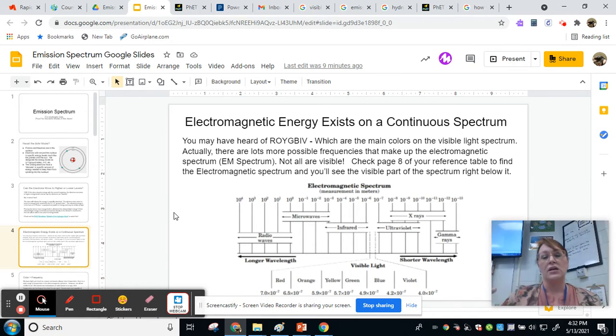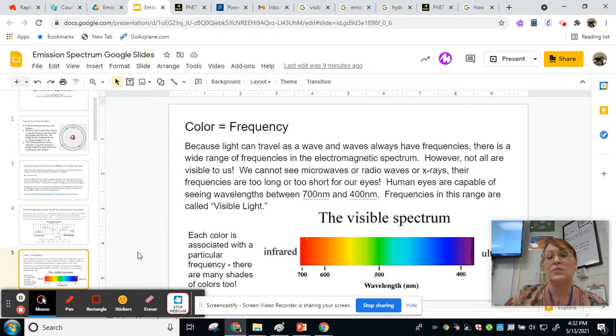So the color we see is linked to specific wavelengths of light. Color is linked to wavelength and frequency. Because light can travel as a wave and waves always have frequency, there's a wide range of frequencies in the whole spectrum, but we can't see them all. We can't see radio waves and X-rays and ultraviolet, infrared. We can see color, the visible light spectrum.